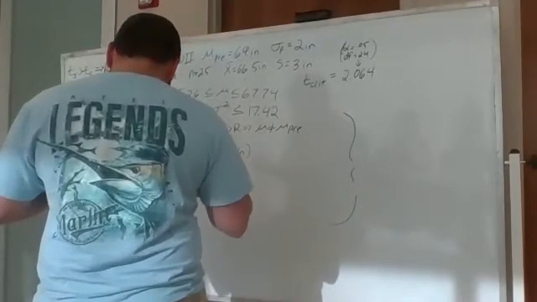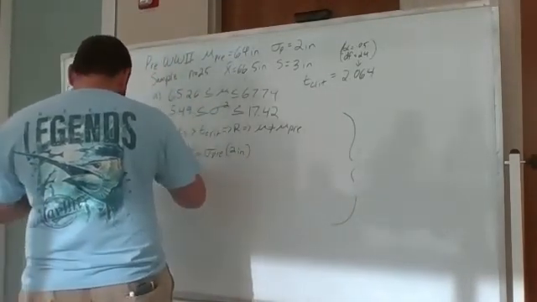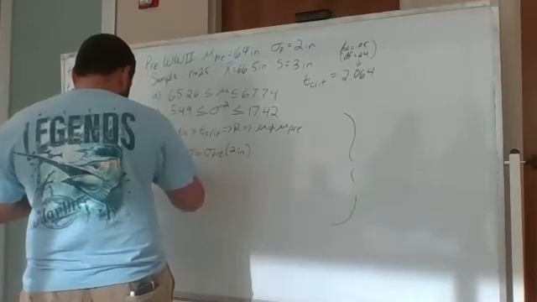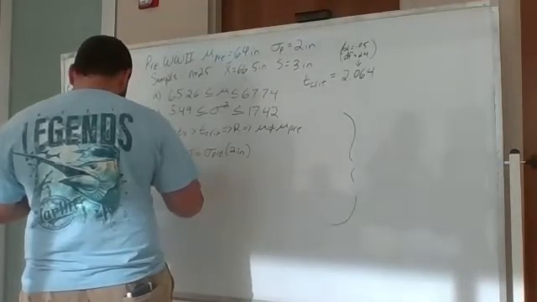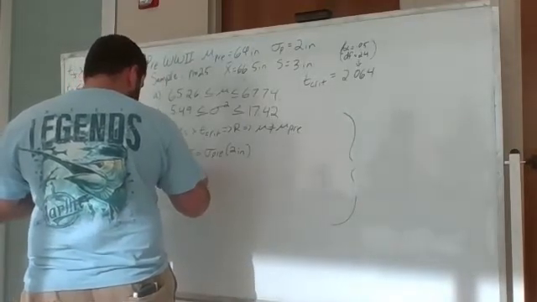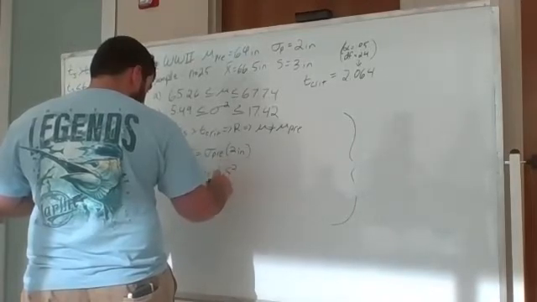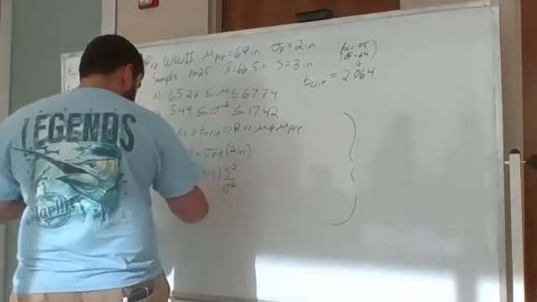Chi-squared. So I'm going to find the chi-squared stat, which is n minus 1 times s squared over sigma squared.